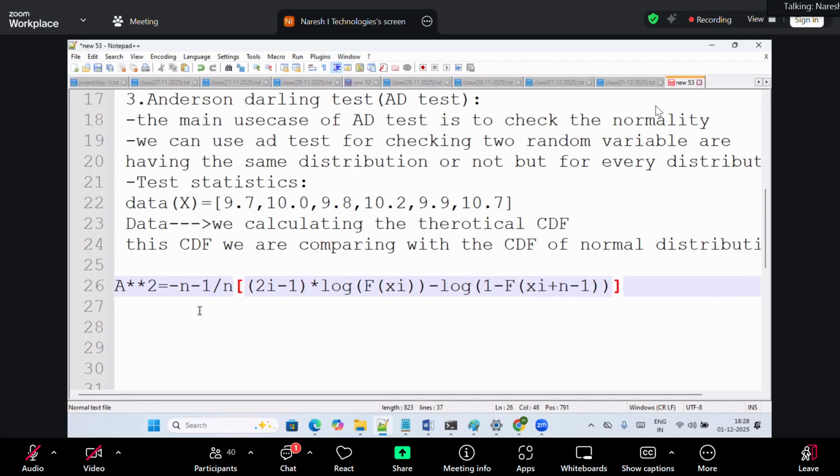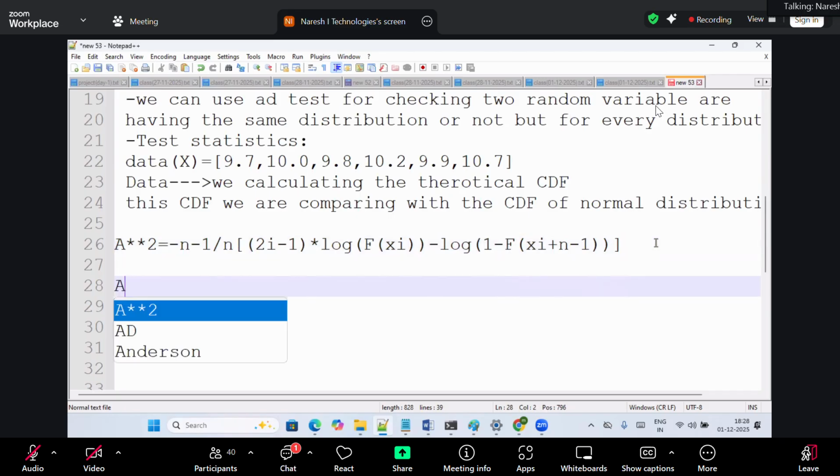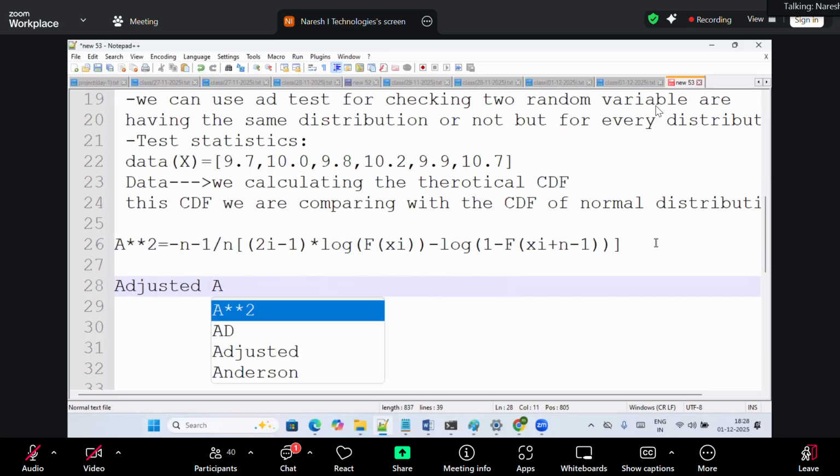This one is nothing but the test statistic, and this is not the exact test statistic. They have given the adjusted one, A star star.